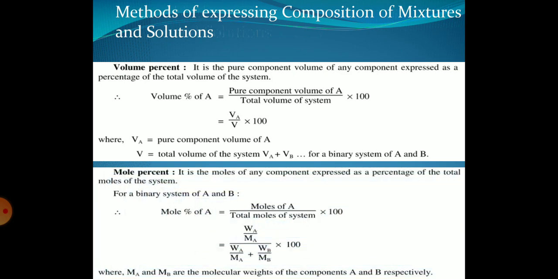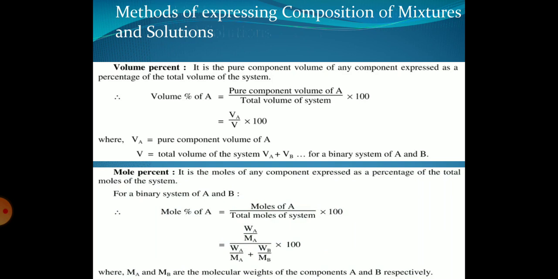The third term is mole percent. It is the most important term for process calculations. So mole percent is the moles of any component expressed as a percentage of the total moles of the system. So for binary system A and B, mole percent of A will be equal to moles of A divided by total moles of system into 100.